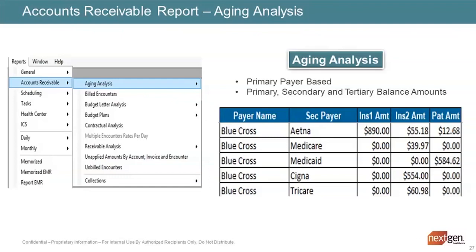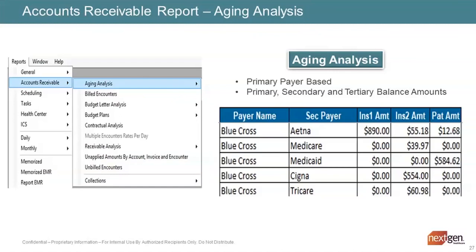So on the screen, what this tells me, the payer name is the primary payer on the encounter. The secondary name is the secondary insurance on the encounter. I didn't include tertiary. It's rare, but you could pull that into the report as well. Insurance 1, 2, and patient amount tells me where does the AR live at the time the report was run.